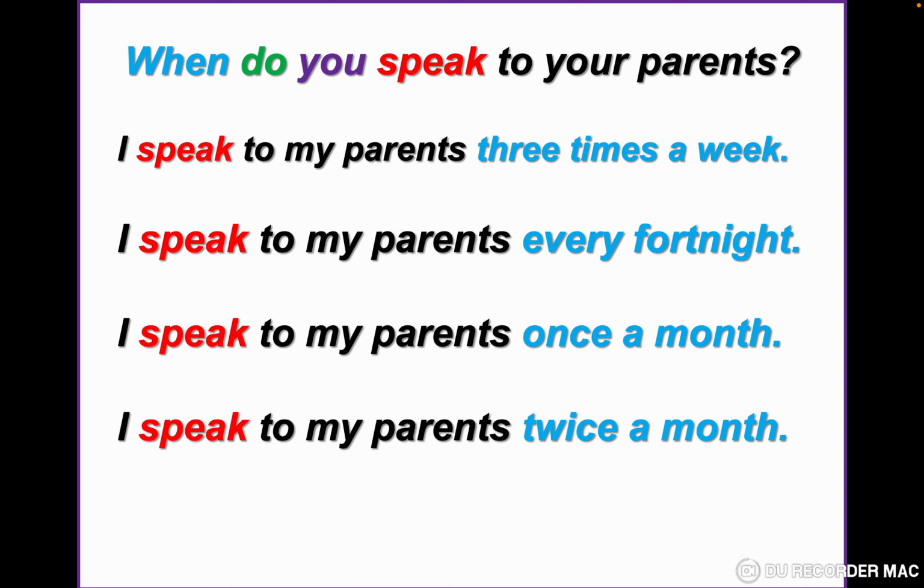I speak to my parents once a month. So look at once a month. I speak to my parents twice a month. Once a month means 1 time a month, and twice a month means 2 times a month.